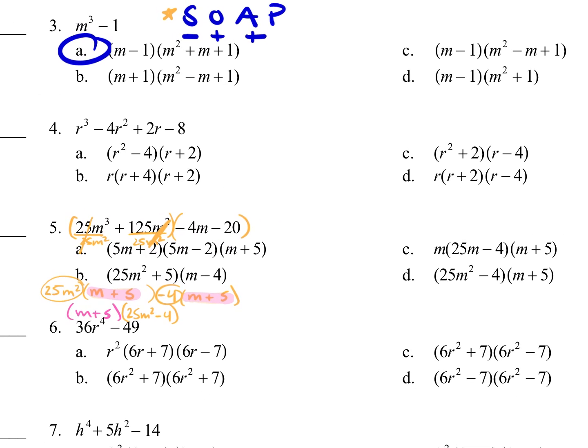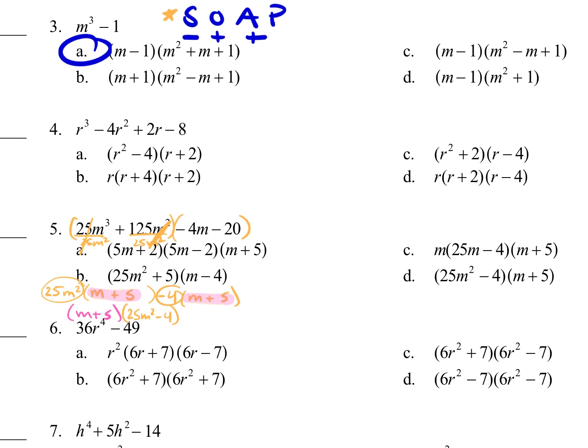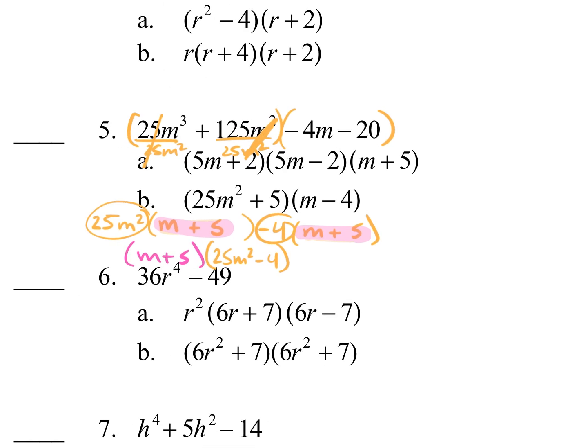Looking at our answer choices, that does match one of them, but could we factor this anymore? What's special about 25m to the 2nd power minus 4? Perfect squares. So what would 25m to the second power minus 4 factor into? 5m minus 2 and 5m plus 2.